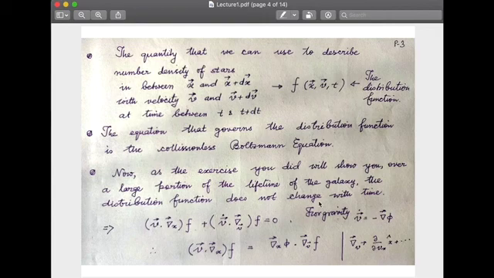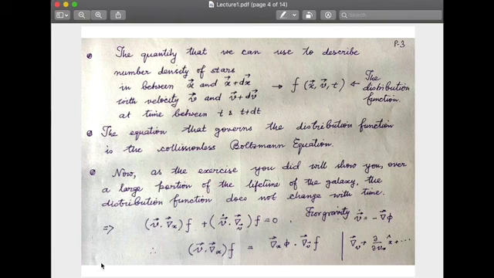In that case, the del f del t part of the collisionless Boltzmann equation can be thrown out, that is 0. So I get this. Why am I using the collisionless Boltzmann equation here? Just because, as we said, the stars are far away and they don't collide with each other. So we can easily say that the collisionless Boltzmann equation is the one to be used.